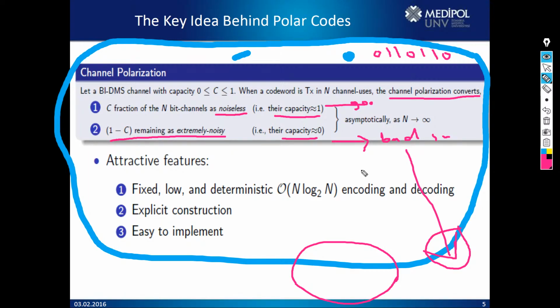Because what I found in the literature, when the researchers tried to generalize polar codes to the other fading channels, each time they proposed it for a new channel, they had to redesign the construction process of the polar codes in such a way that it meets that channel's characteristics.